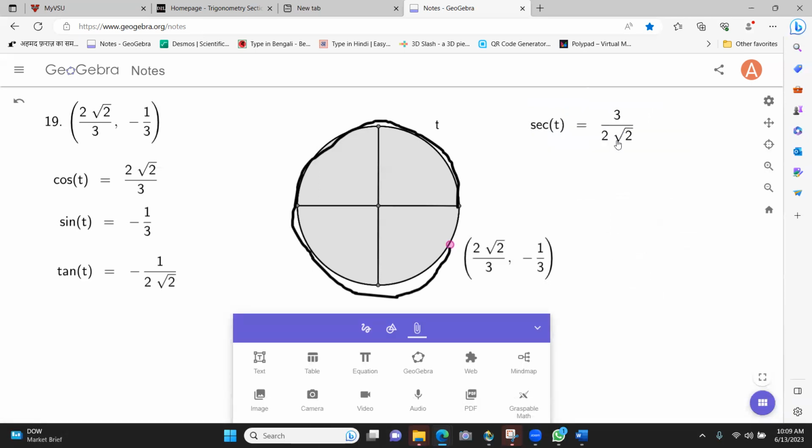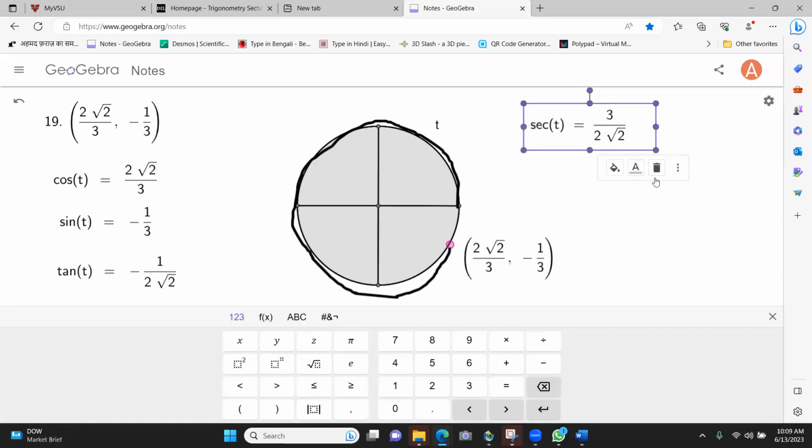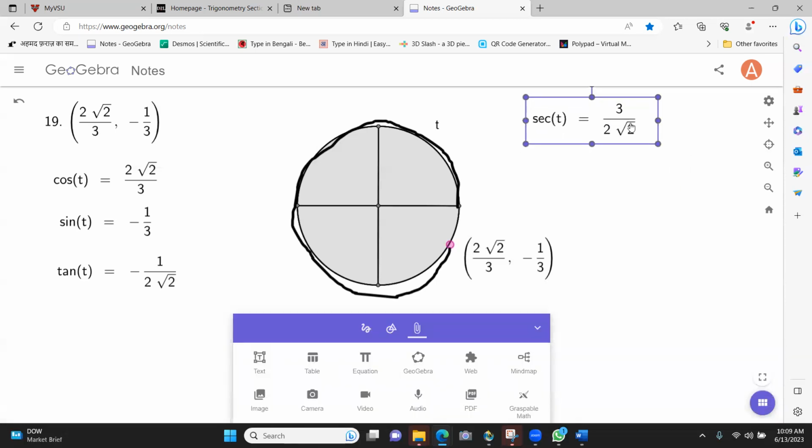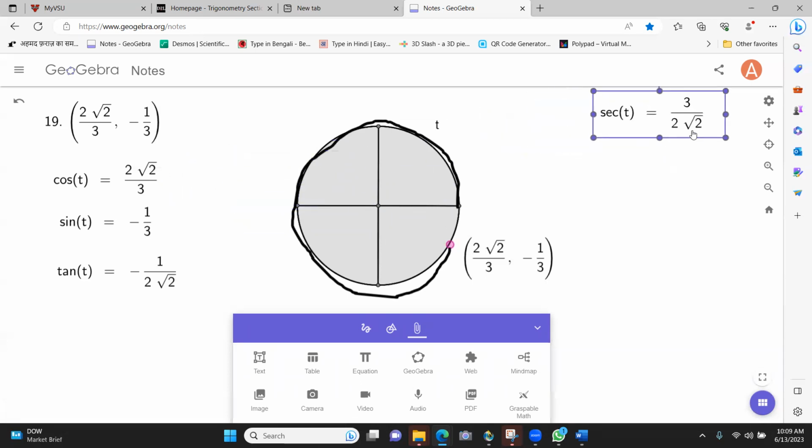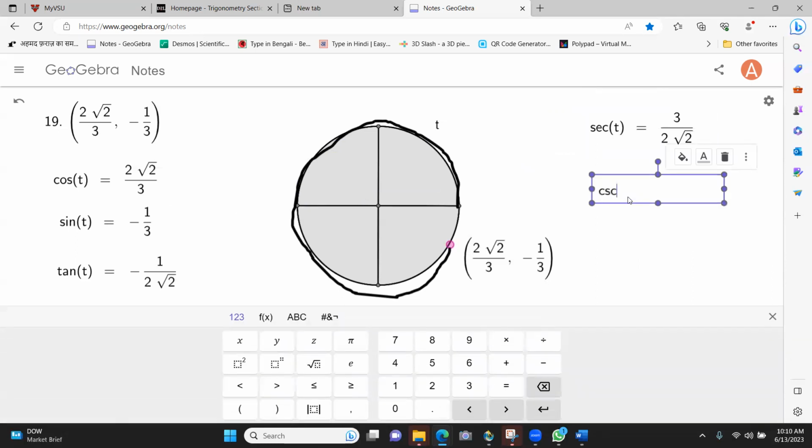Now, I sometimes mess up, so be alert, okay? I don't do it on purpose, but I have written 3 when I wanted to write 2. Secant is the reciprocal. I'll try to double check. Secant is the reciprocal of cosine. So far, so good. And cosecant is the reciprocal of sine. Reciprocal of sine is going to be 3 over 1. I'm just going to write 3, but don't forget the minus sign.